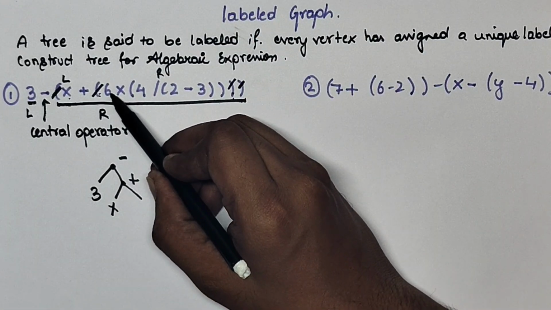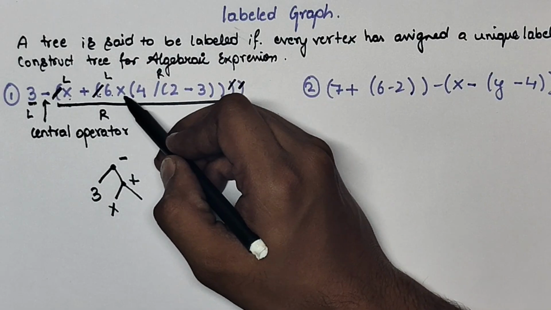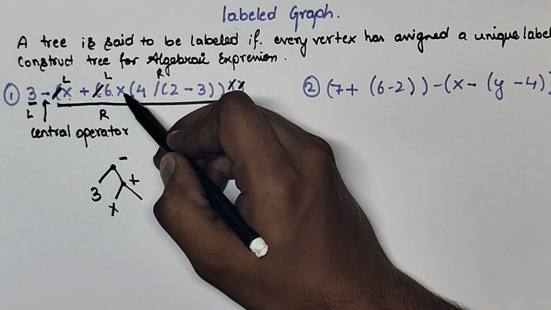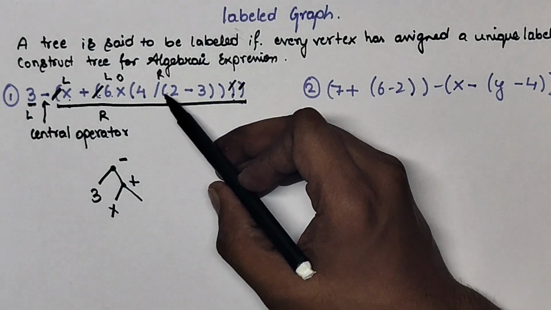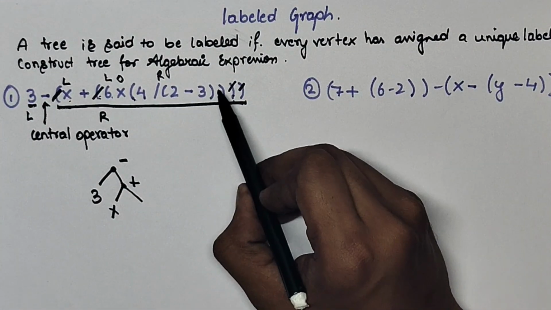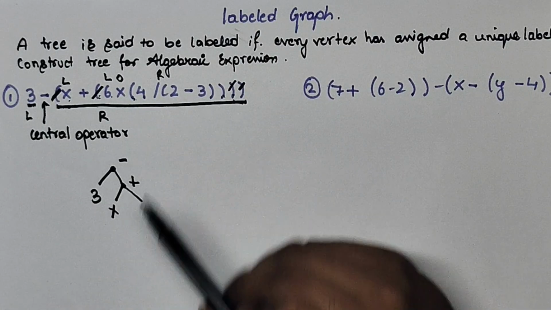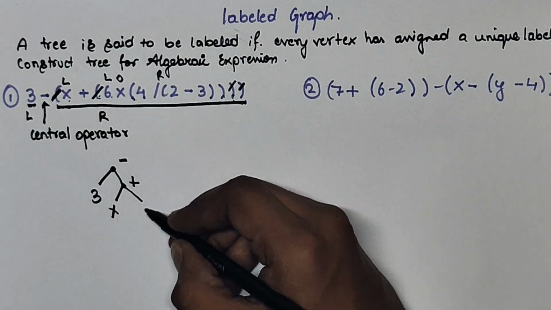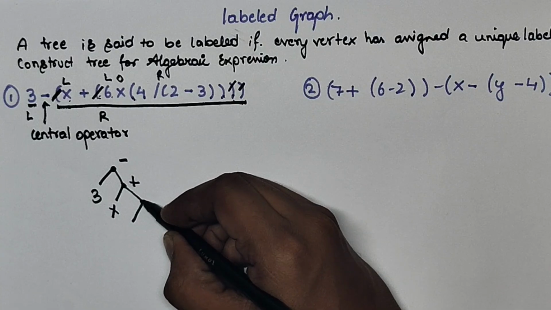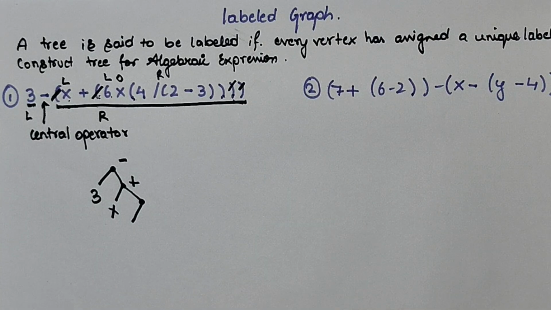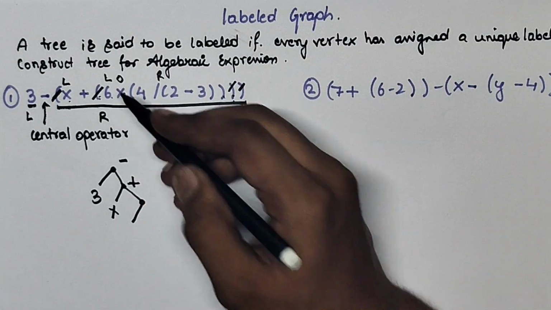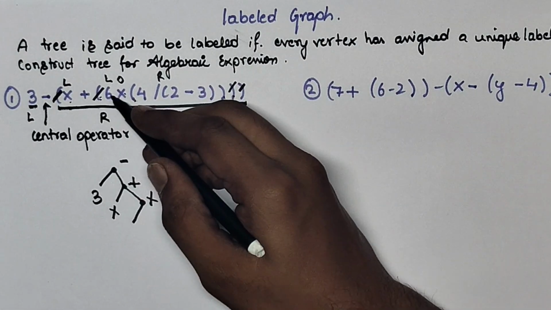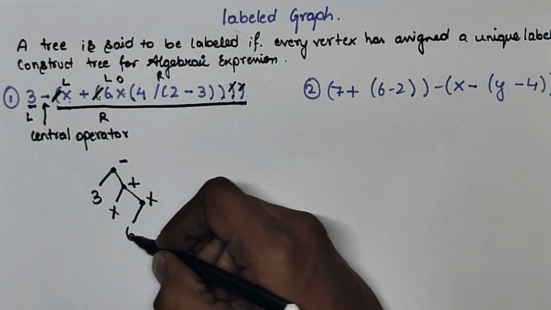Here 6 is the left side, and multiplication, not x, is the central operator, and the elements within this open bracket and closed bracket will be considered as the right elements. So at the vertex we will write the multiplication, and the left part is 6.